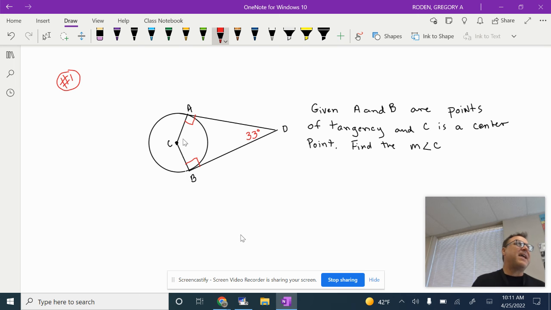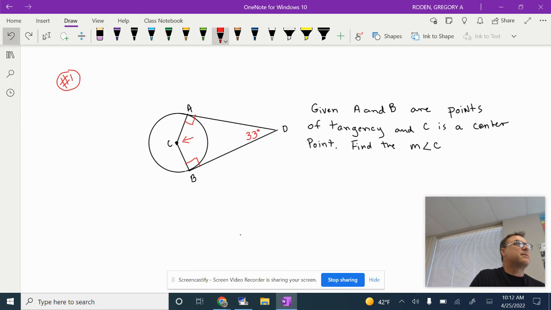So what kind of angle are we really looking for? We're looking for this angle. What do we call an angle formed between two radii? The central angle. Remember, this is the central angle. So basically, this question is asking you to find the central angle.